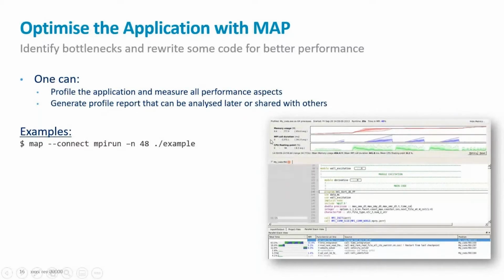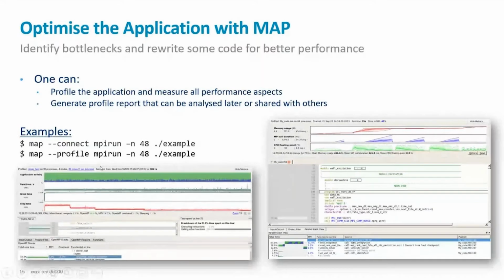In the same way, instead of offline, we have --profile, which will generate a profile and save it in your directory. And that profile can be later on opened in the Forge GUI.